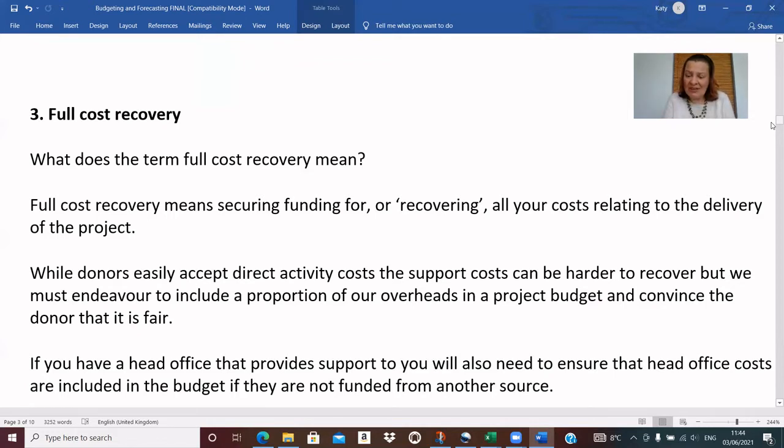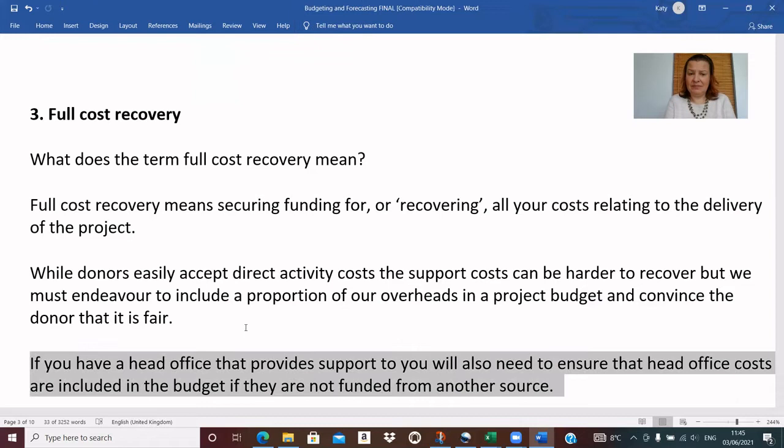And while donors are happy to fund direct activity costs, it can be these support and infrastructure costs that can be harder to recover. But we must endeavour to include a fair proportion of our overheads in our project budgets.